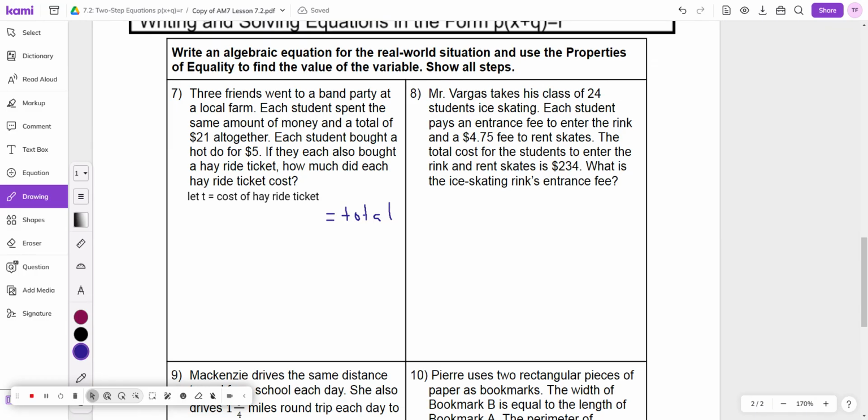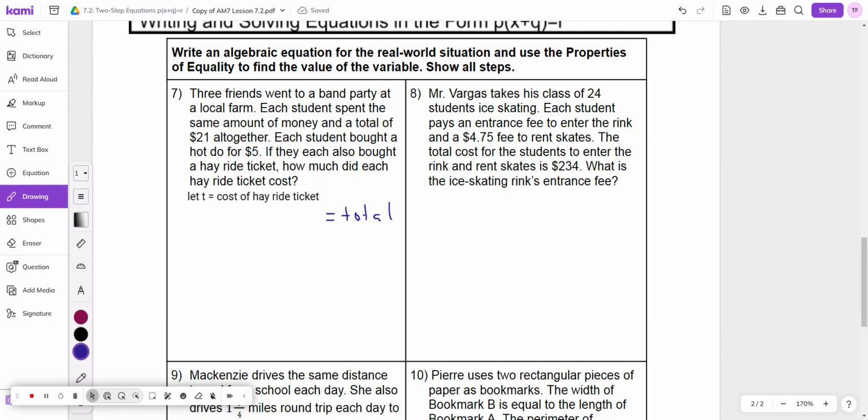So my variable, along with all the other parts that go along with that, are going to go on the left-hand side. I never put my variable all by itself on one side when I'm writing the equation. I put my total all by itself, and then the variable with all the other stuff goes on the other side.